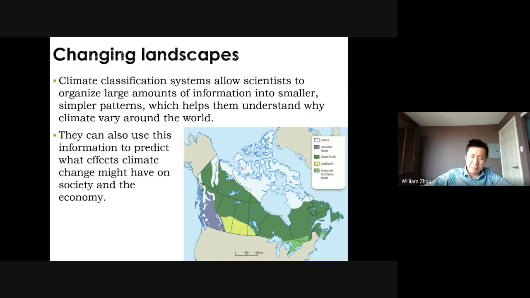The economy is going to be structured differently to adapt to your local environment. So we need to understand which part of the world has what kind of climate, and only then can we predict what will happen if the climate were to change, and how that would affect our economy and our livelihood.